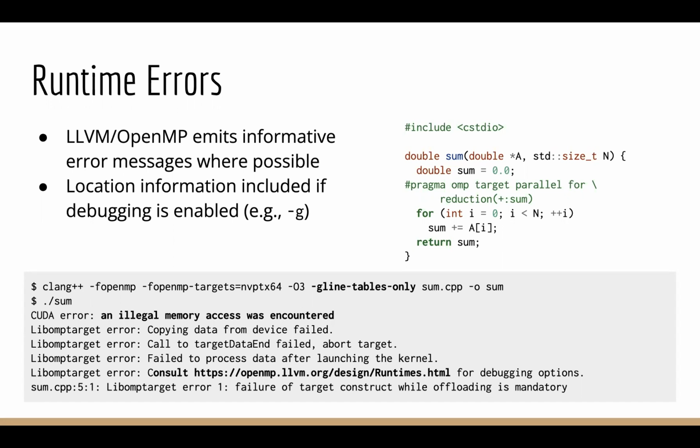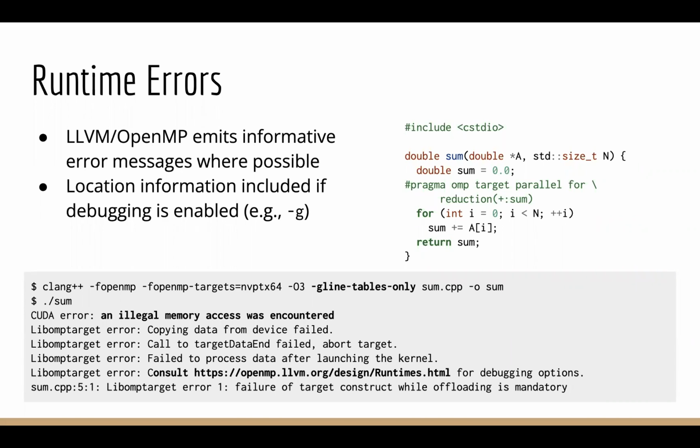So for example, we have some code on the right here where we are doing a simple sum reduction, and we will take this and execute it, and it will actually fail. The reason it fails is because we didn't map this array in.